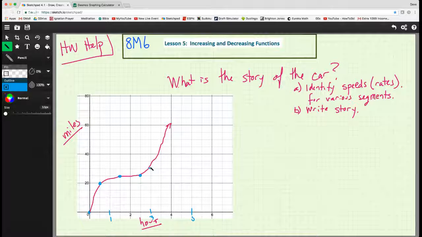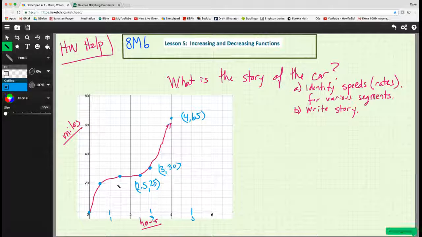Let's just pretend that this is here. And let's just pretend that this last one is here. So this is 4, 65. This is 3, 30. This one is 2.5, 25.